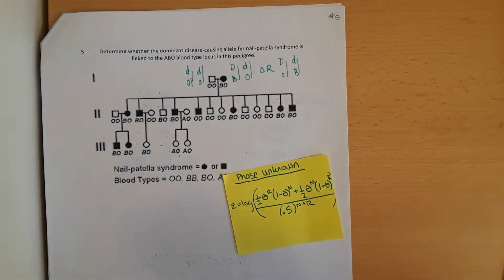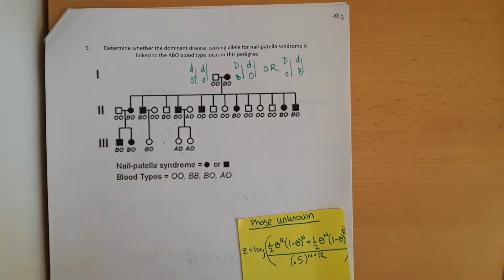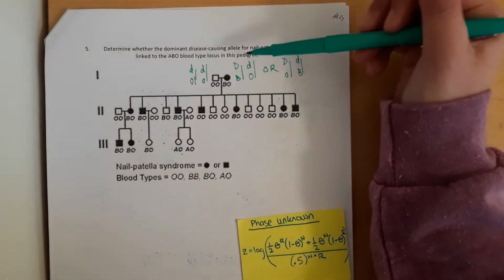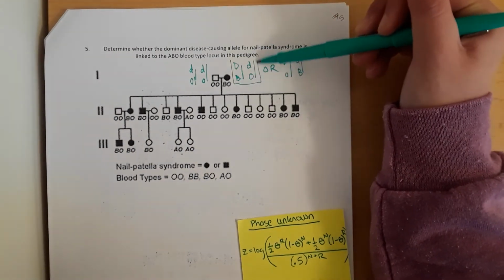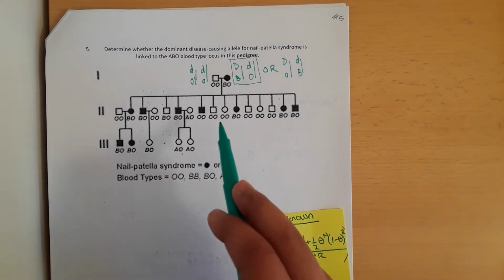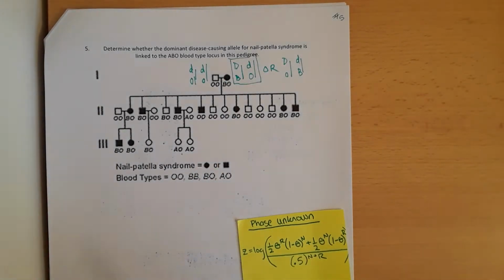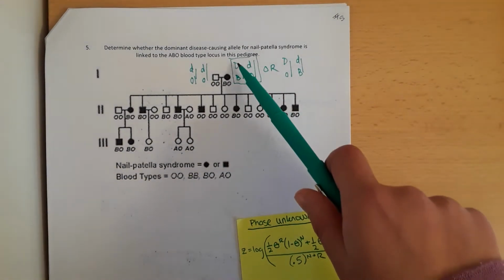So for the sake of this problem, either way, whichever one you pick to analyze, you should get the same answer. But let's go with this combination first, where if you have marker B, you should be shaded in because the disease gene is on marker B.